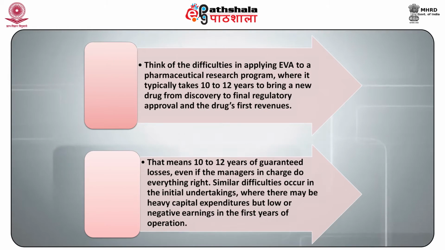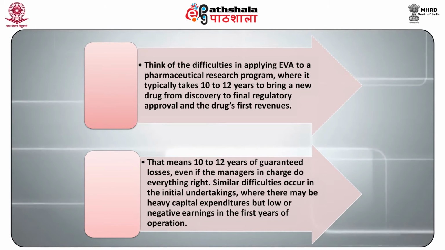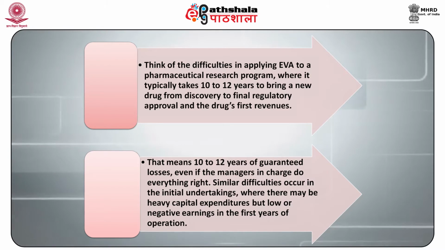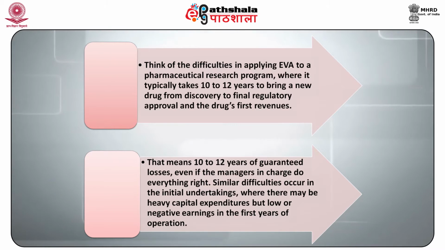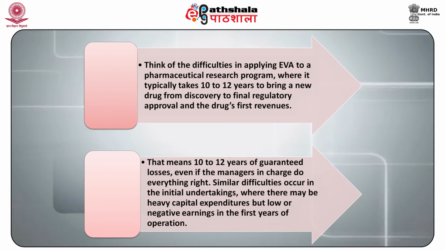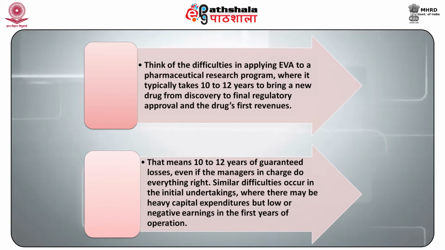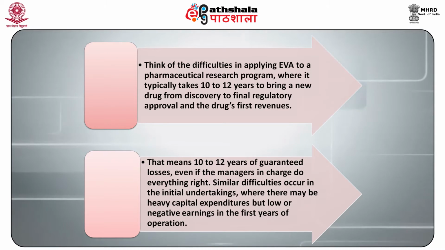Think of the difficulties in applying EVA to a pharmaceutical research program, where it is typically 10 to 12 years to bring a new drug from discovery to final regulatory approval and the drug's first revenues. That means 10 to 12 years of guaranteed losses even if the managers in charge do everything right.